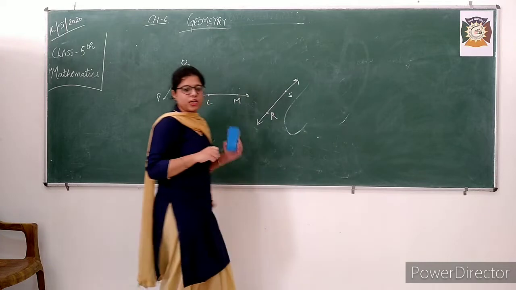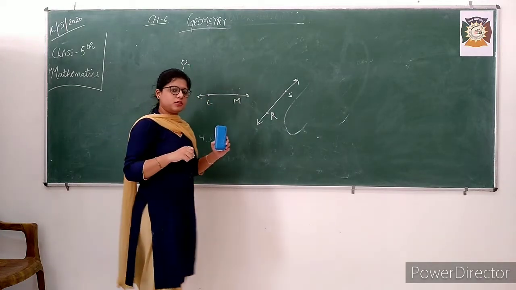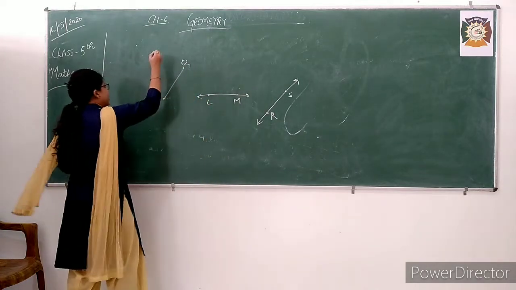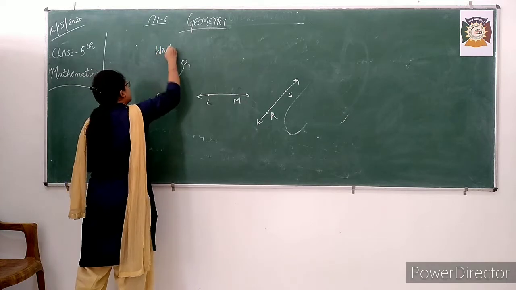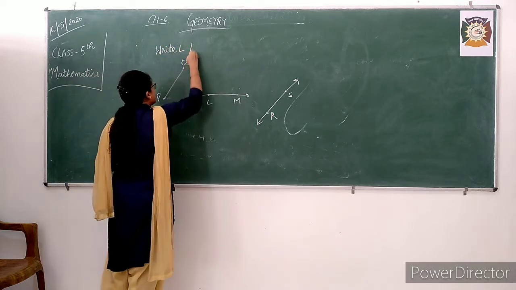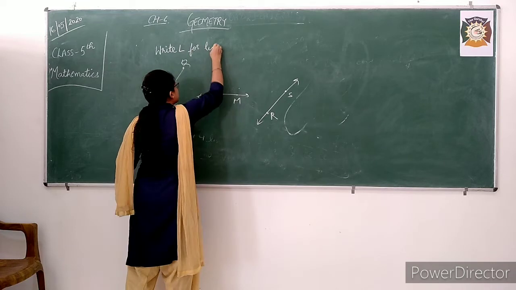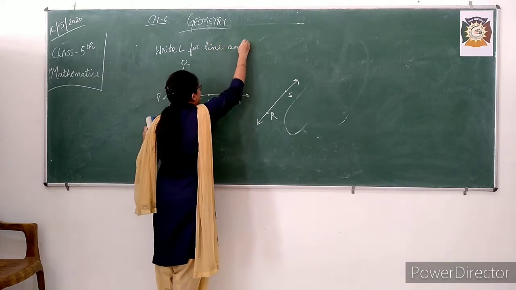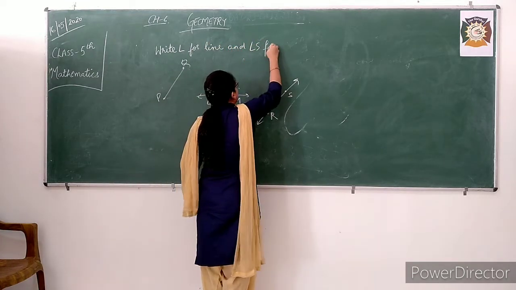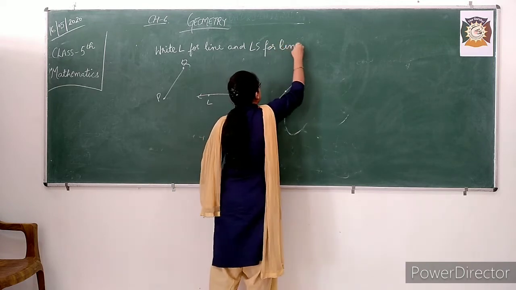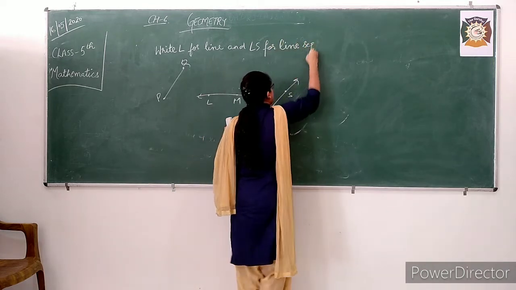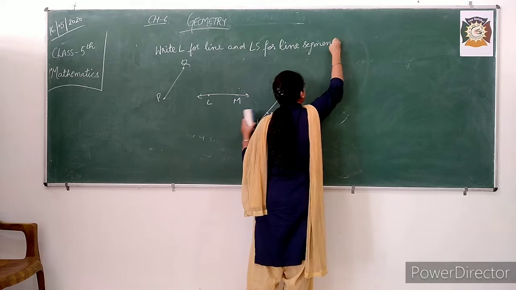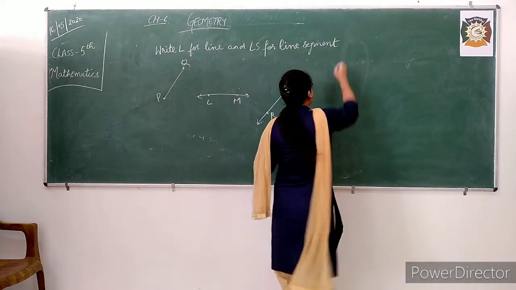The question says you are given these 3 diagrams and you have to label. Write L for line, and LS for line segment, also write their names.